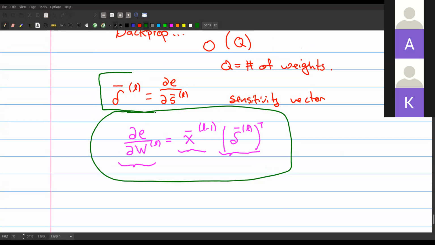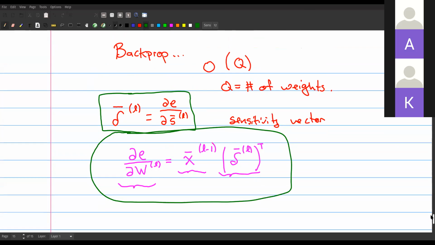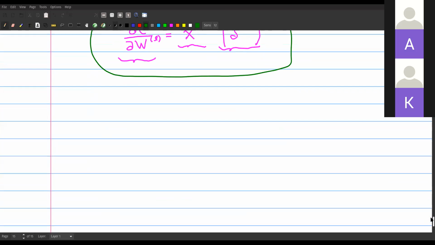So here's the formula for computing delta L, but this formula is a good definition, but it's not a practical way to compute what delta L actually is. For computing delta L, it turns out that you can recursively compute these things backwards.